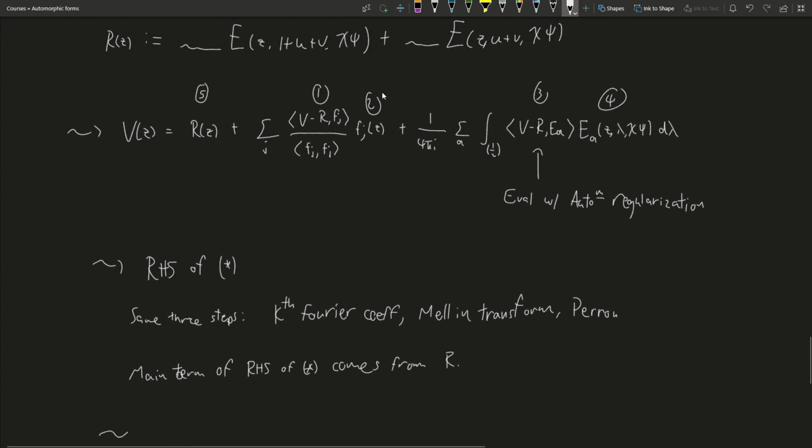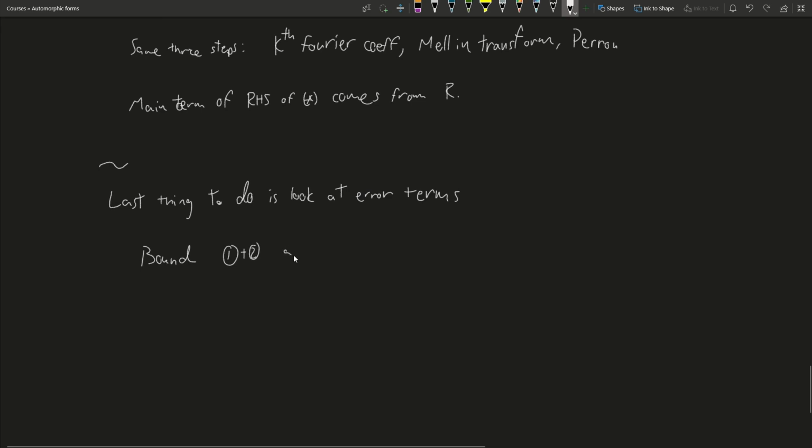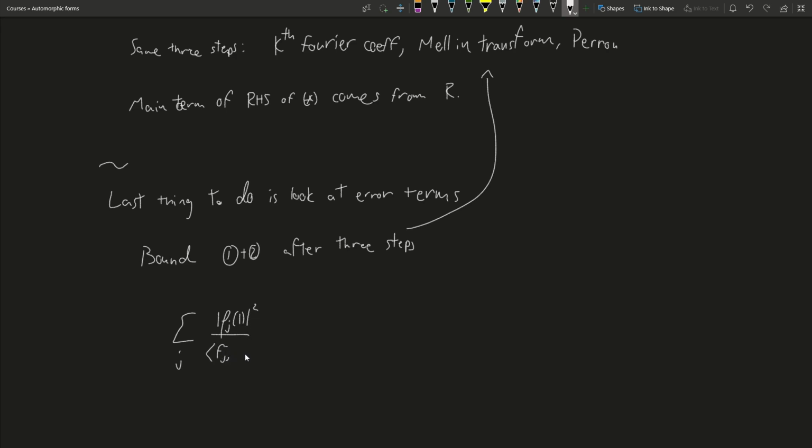So when I say 1 plus 2, I mean this whole term after these 3 steps. And you get some expression. It involves a sum over Maass forms, and then you have something like the first Fourier coefficient of your Maass form divided by the norm of that Maass form, and then you have this L function of the Maass form.